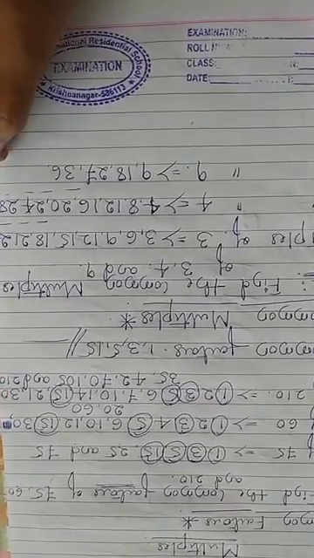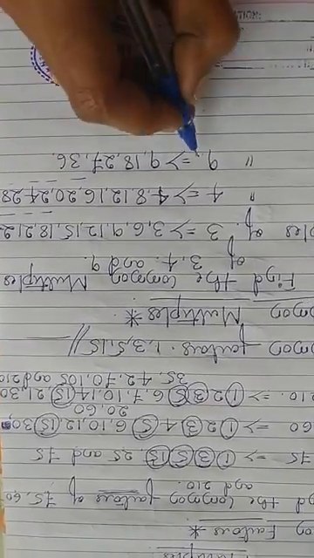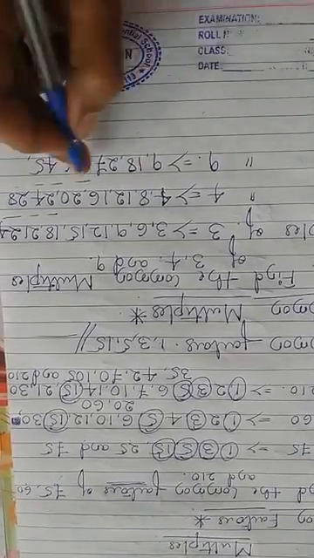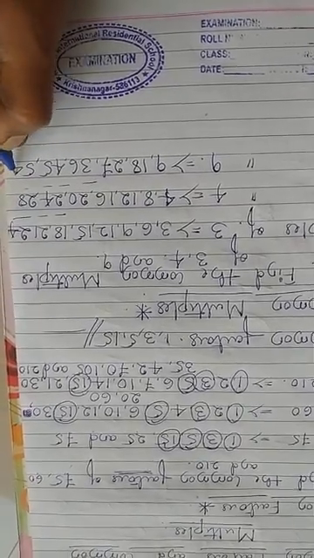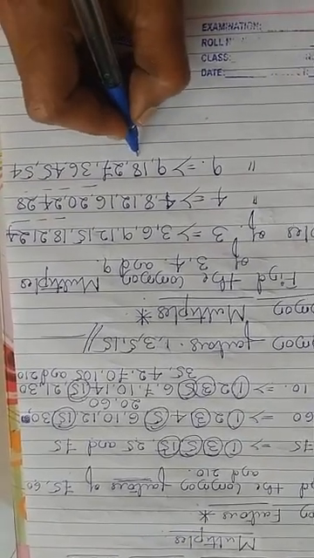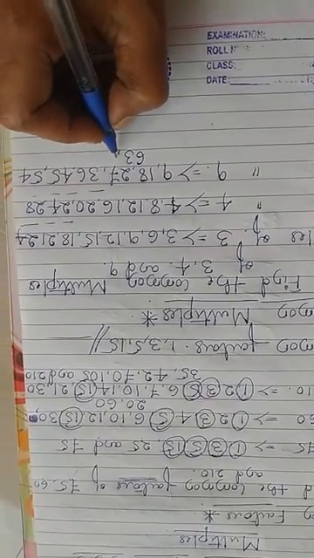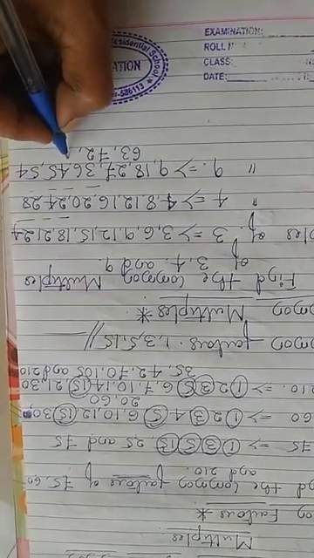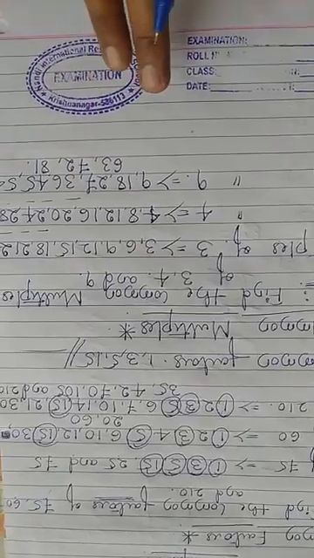36, 9 5s are 45, 9 6s are 54, 9 7s are 63, 9 8s are 72, 9 9s are 81. Okay.